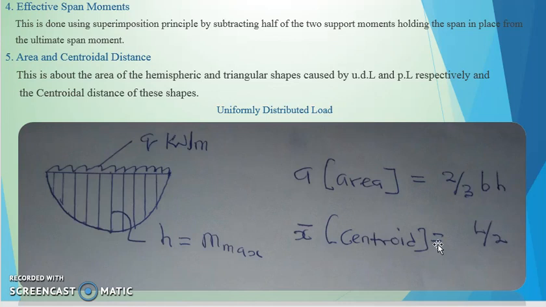So the centroidal distance is given as L over 2, while the area of that hemispheric shape down there is given as 2 over 3, or you can say 2 over 3 times base times height.